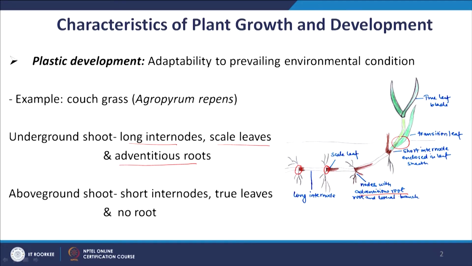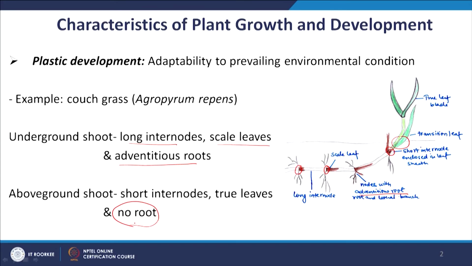There is a change. The first thing that happens is that it now starts making short internodes, so the internode length is reduced. To do that, it has to change its basic developmental program. Another very important thing is the formation of a true leaf blade-like structure. And the most important thing is that the shoot at the node is no longer making roots.